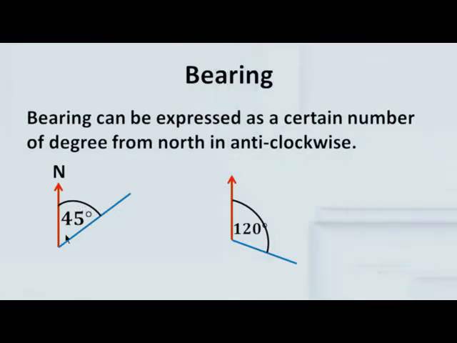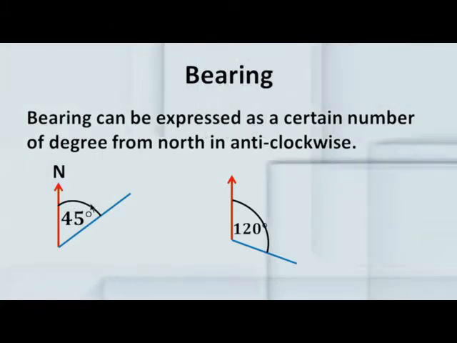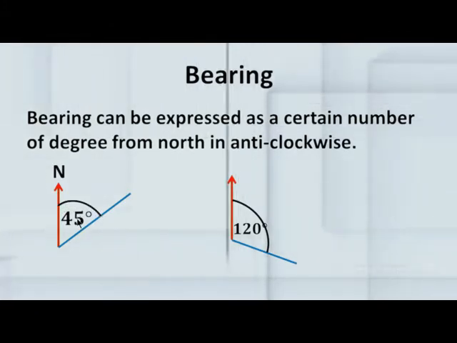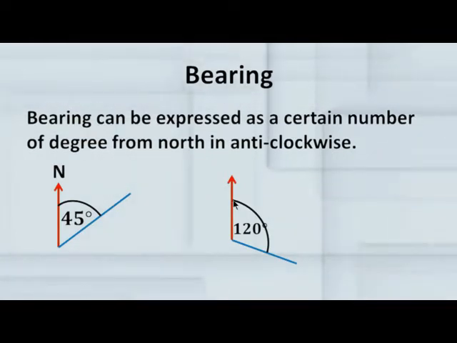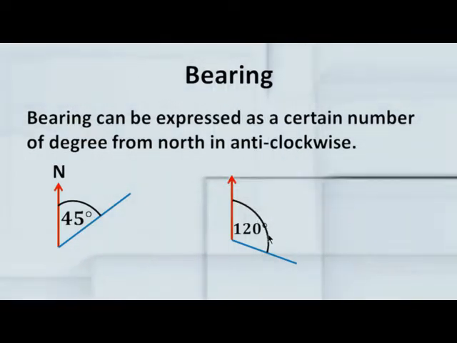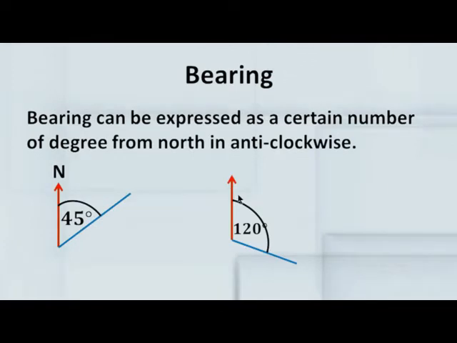We get this number from the north in anti-clockwise. So from north in this direction is 45 degrees. How about this blue line? It's the bearing 120 degrees. It's from the north again in anti-clockwise, in this direction is 120 degrees.